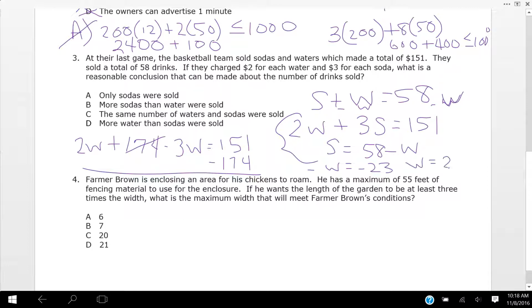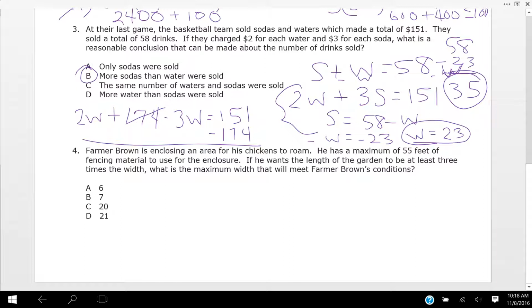W equals 23. And since they have to add up to 58, 58 minus 23 is going to be way more than 23. So it's going to be 35. So this is my soda. So I definitely sold more sodas.